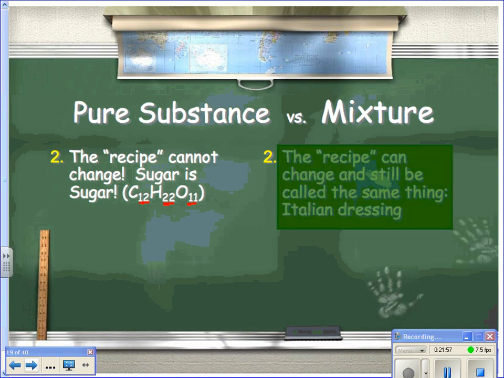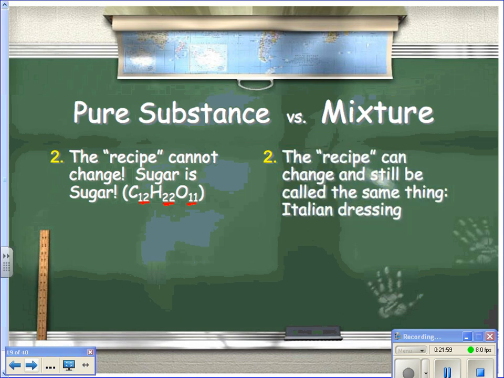Mixtures, on the other hand, the recipe can change and still be called the same thing. Italian dressing. You go into the grocery store, your mother says, oh, go get some Italian dressing and meet me over by the frozen fish. You go over to the dressing aisle and oh my gosh, there's like a bajillion different Italian dressings to choose from.